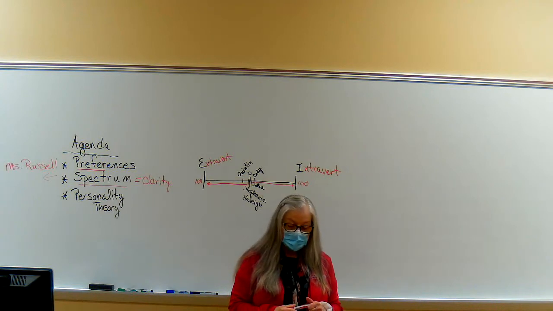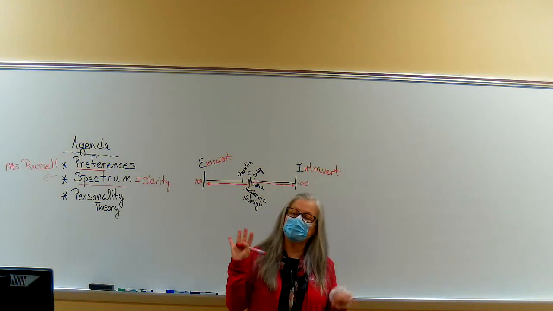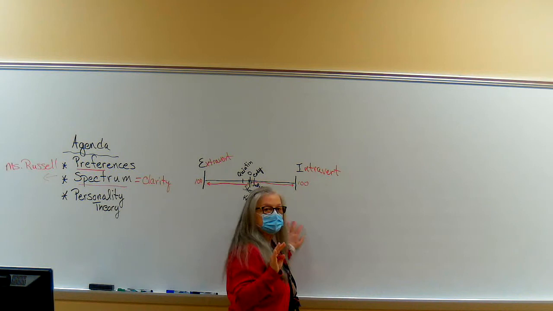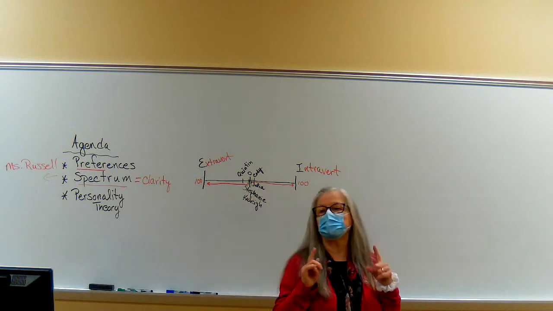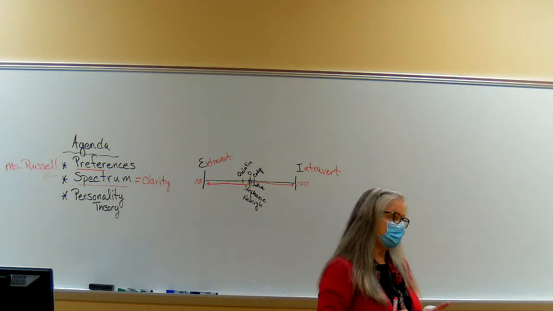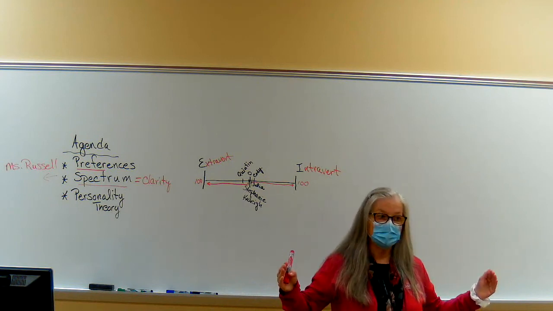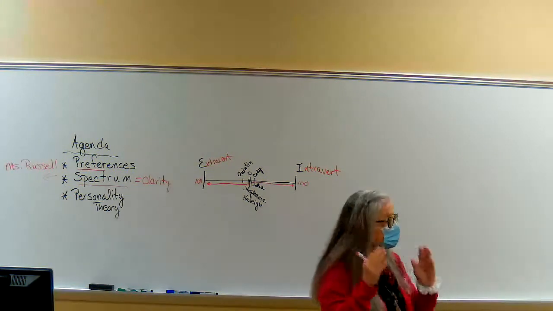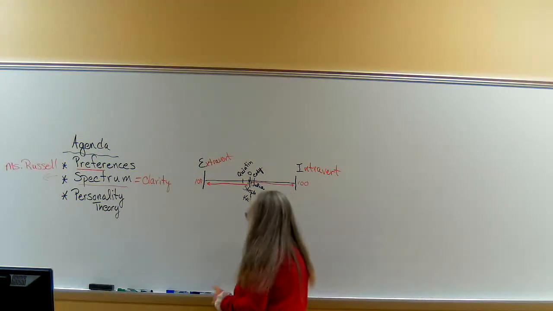Okay, so there are 4 letters, and there's the spectrum of others. So it's important to know not only your letter, but also your number. So the higher the number, the greater the clarity. And let me give you the example.